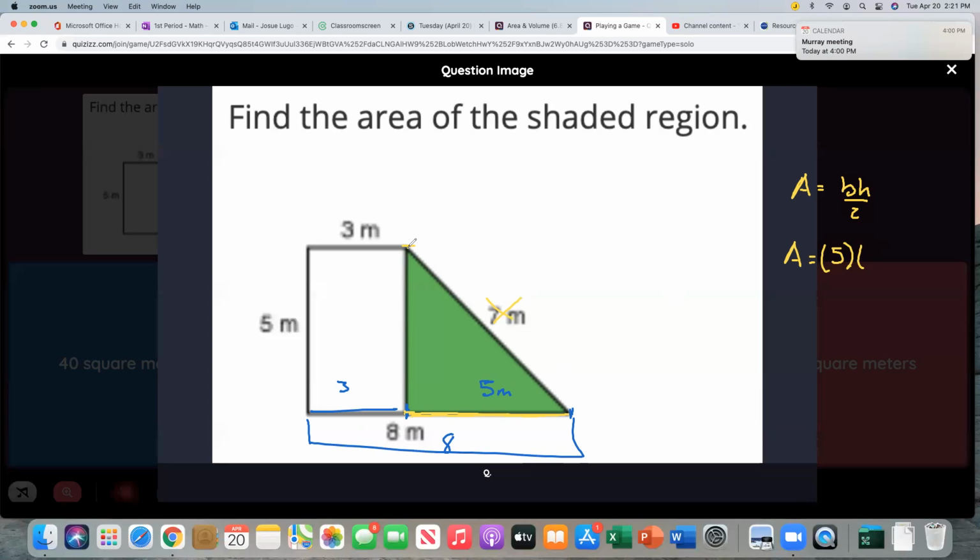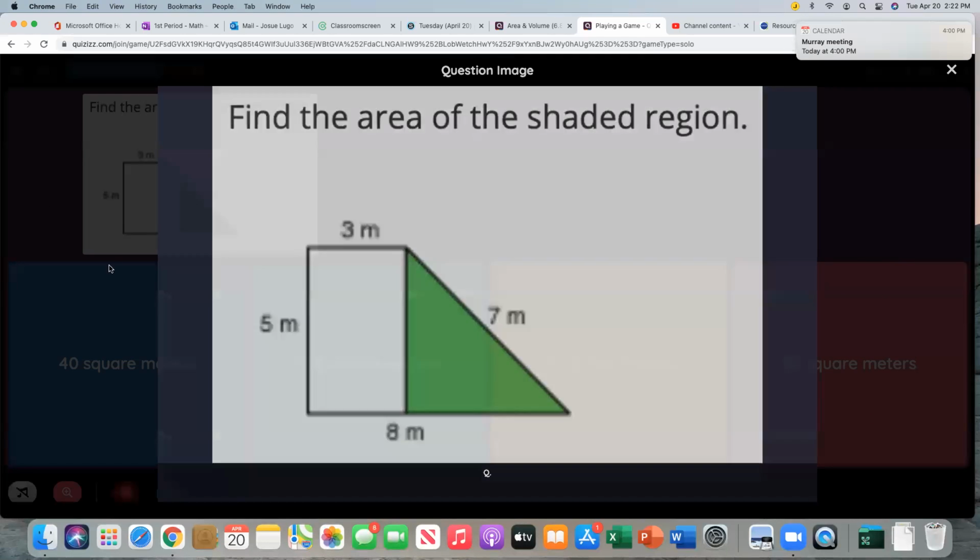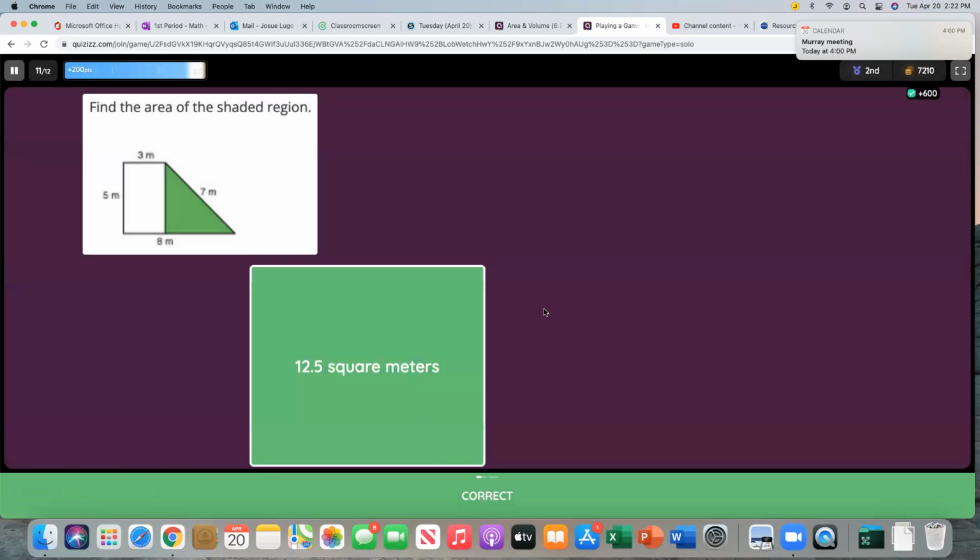We just need it from here to here, which is 5. So 5 times 5 divided by 2. 5 times 5 is 25, and 25 divided by 2 is 12.5. That is my area. So again, base times height, 5 times 5 divided by 2. Ladies and gentlemen, the answer is 12.5.